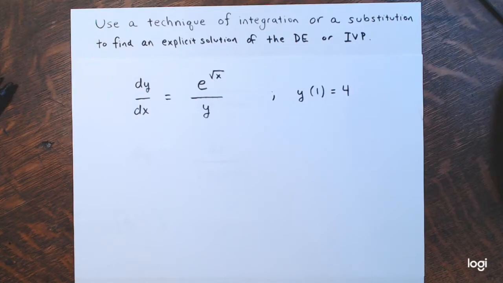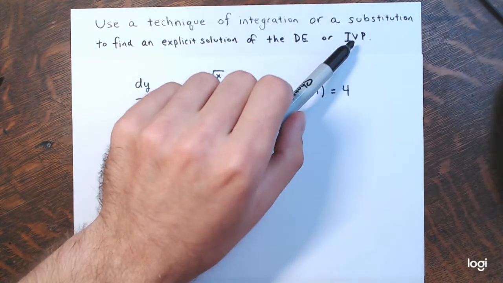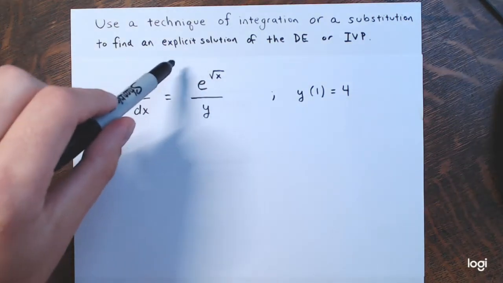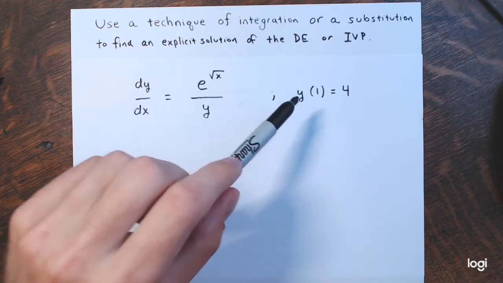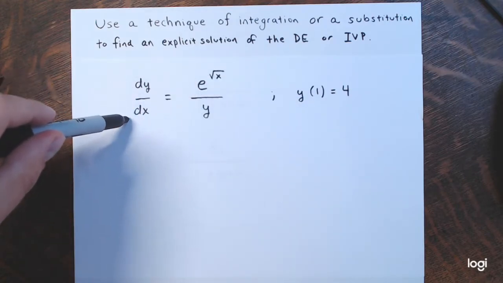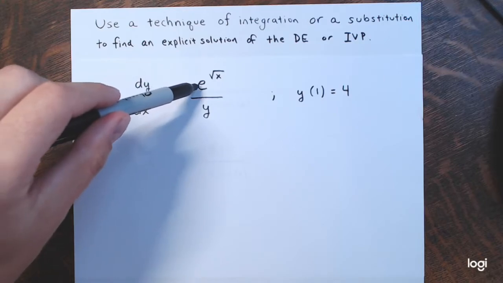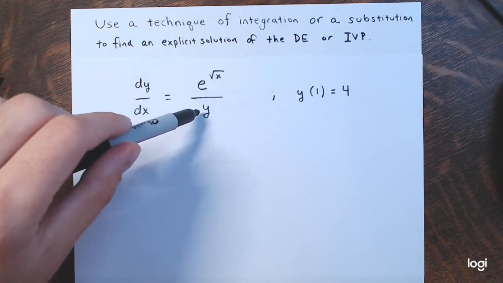I'm hoping whatever scenario you do come across, you'll have the tools in your pocket to be able to do them. All right, so this one's an initial value problem. So I have a differential equation along with some initial condition on the solution. So the derivative of y with respect to x is equal to e to the square root of x divided by y.